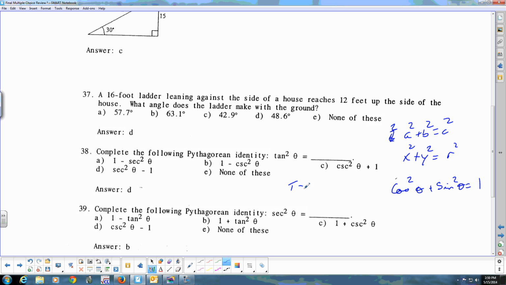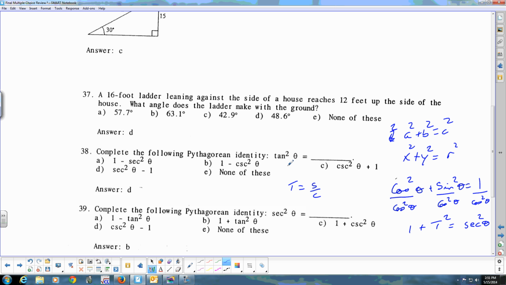Tangent is sine over cosine. So I need a sine squared, in this case, over cosine squared. So that's the hint that you're going to divide everybody by cosine squared. So you have 1 plus tangent squared is equal to, this would be secant squared.